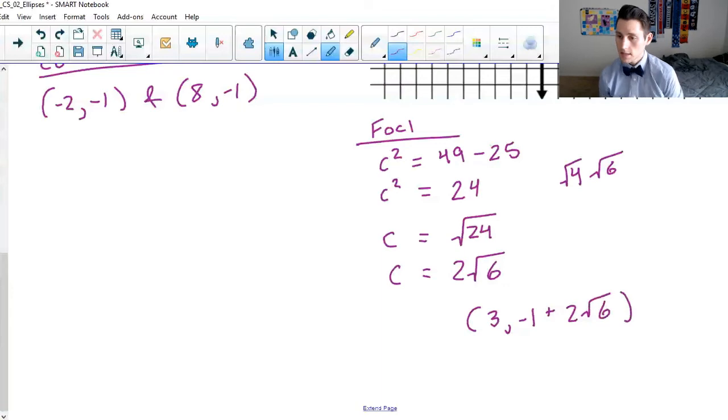And to get the second of the foci, I would subtract. I would go down from -1. So I'll write that by doing plus minus 2 root 6. If you want to write separate points, -1 plus 2 root 6 in one of the points, and then -1 minus 2 root 6 in the other point, that's fine.